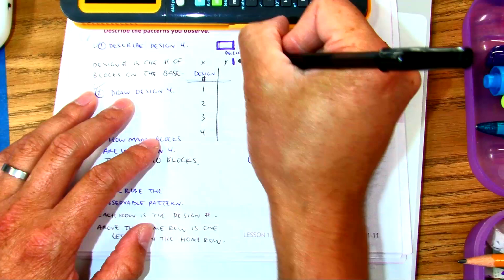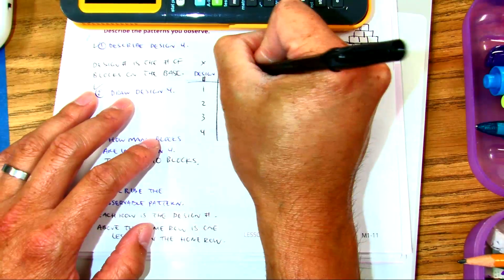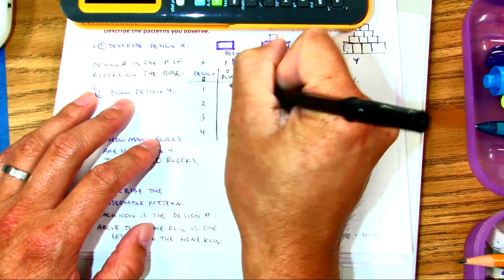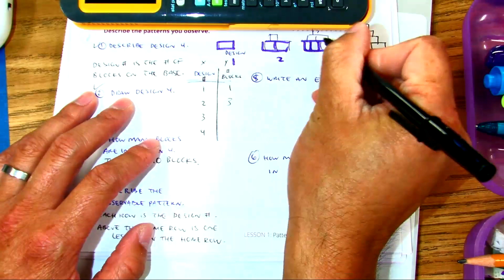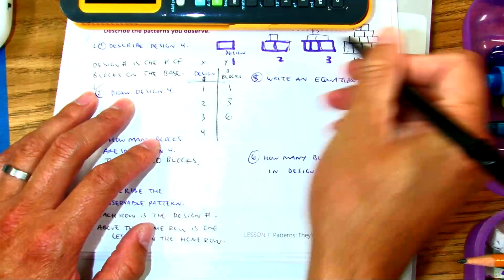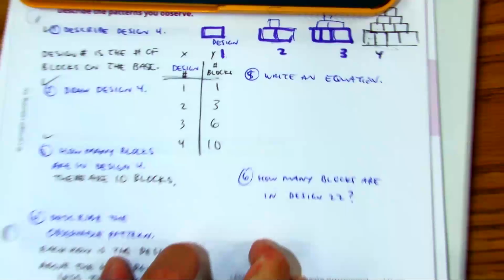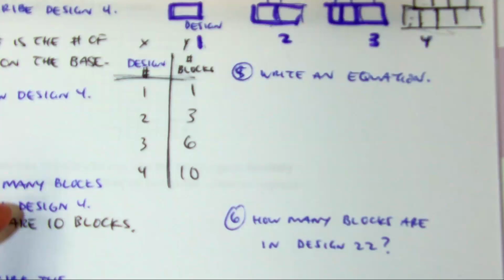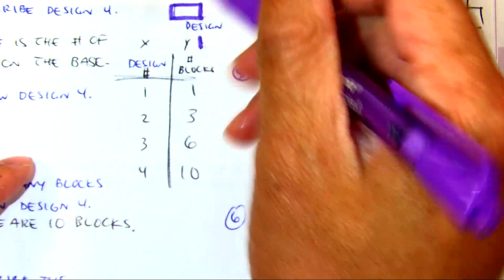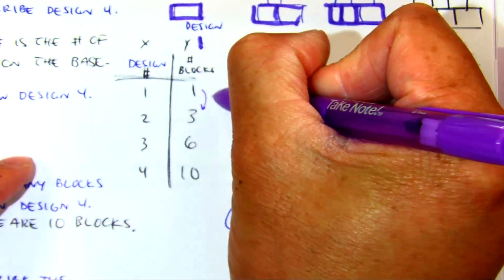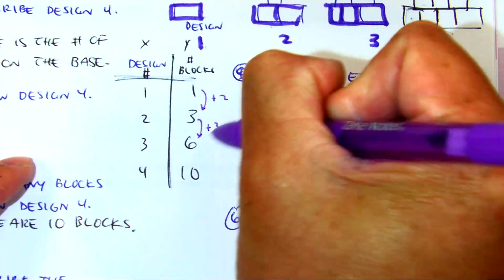And then I'm going to have the number of blocks. So I have 1, 3, 6, and we had 10. So to figure out what I have there, I'm just going to look at my y values. Plus 2, plus 3, plus 4.